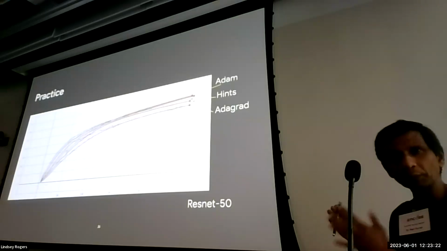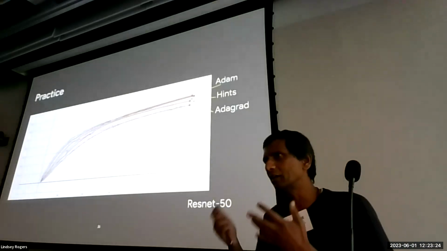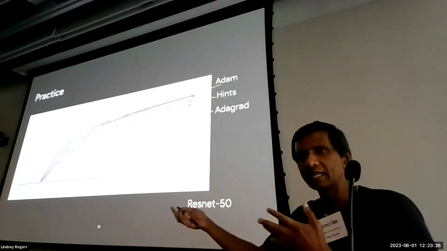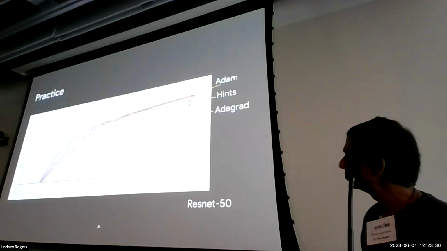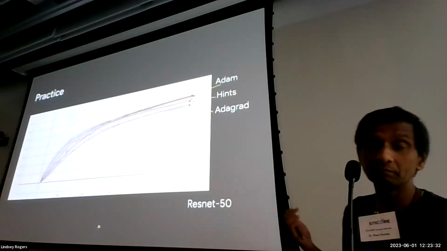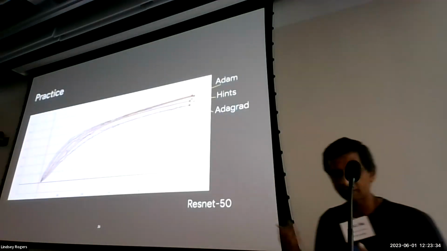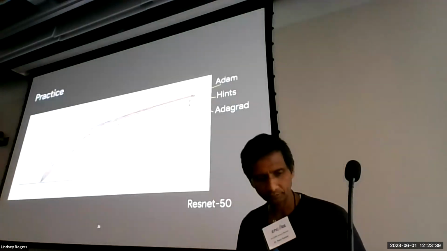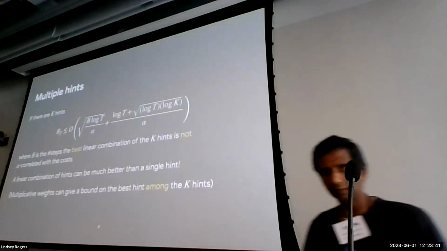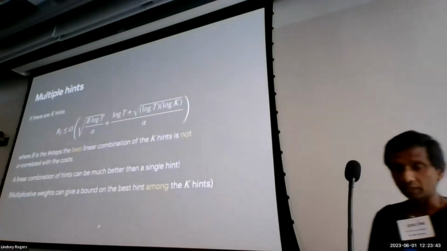But again, we didn't try to optimize hyperparameters, and our notion of hints was just the previous gradient, or maybe even the history of all the gradients. So we tried to use that. But I think it's a topic I'd be very interested in pursuing, to see whether these ideas have any merit in practice.